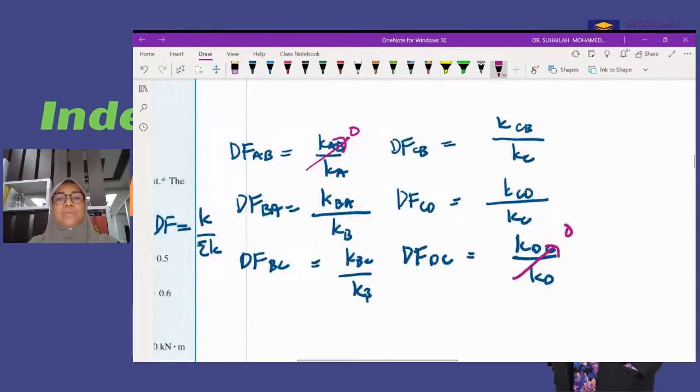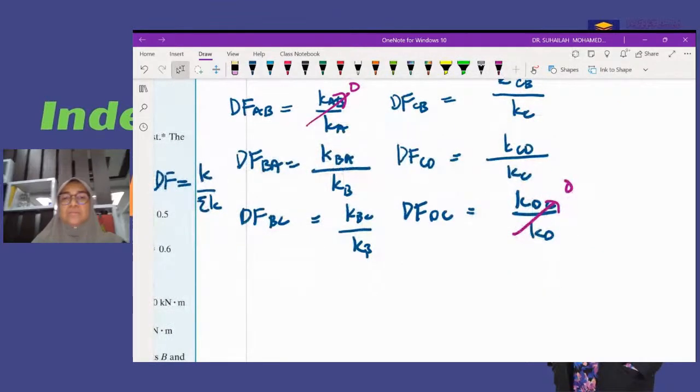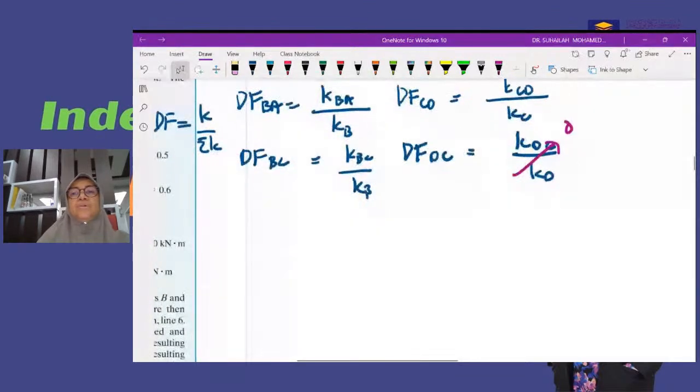I want to determine this by making a table like this.